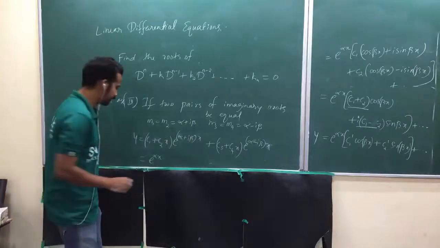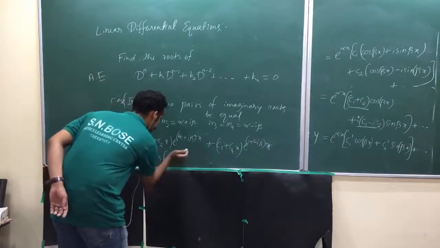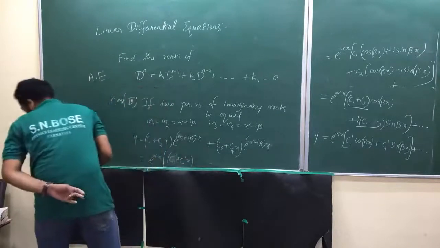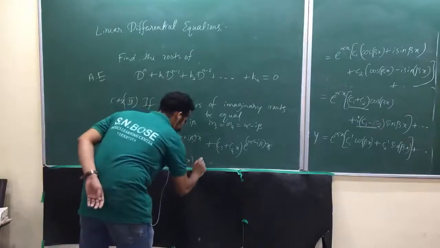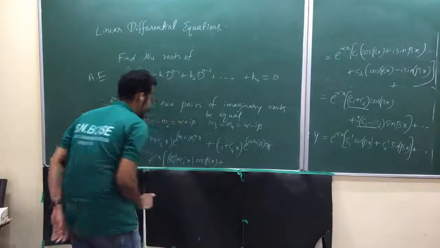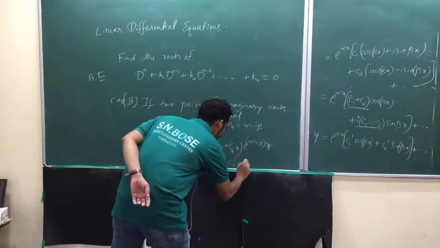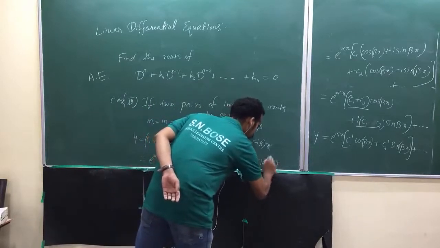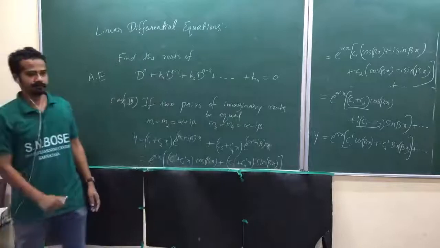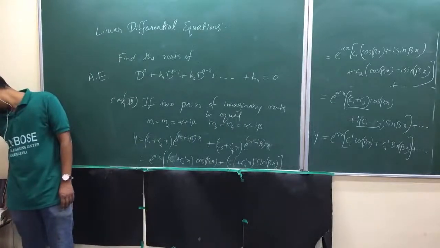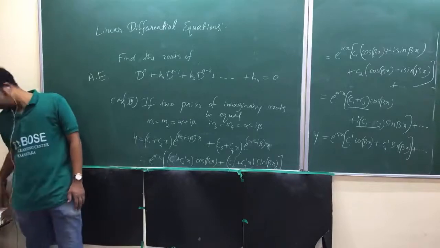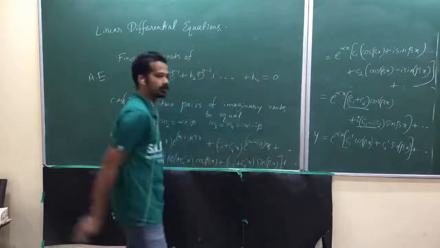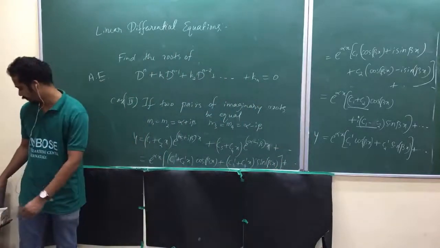You can write C1 dash plus C2 dash x into cos beta x plus C3 dash plus C4 dash x into, you can just manipulate it actually. And plus and so on corresponding to other roots. We have taken very general case.